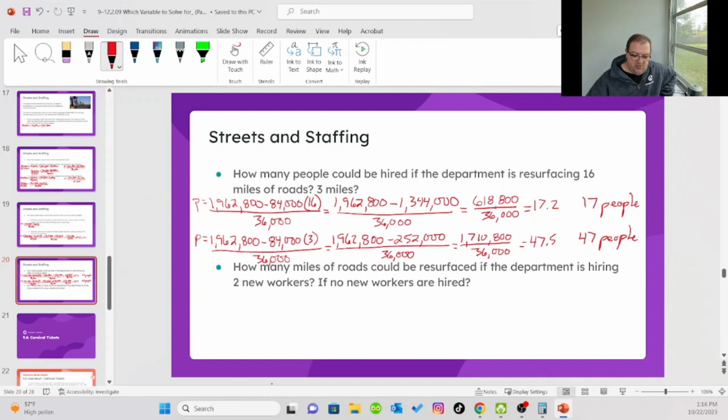How many miles of road could be resurfaced if the department is hiring 2 new workers? So we go back to M equals.